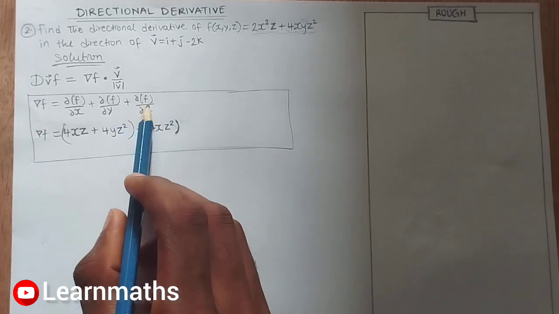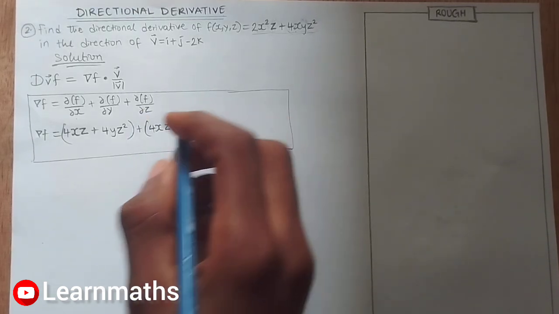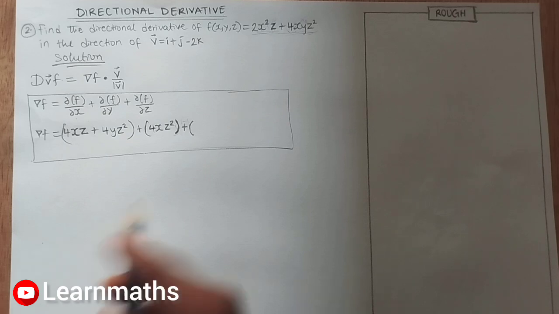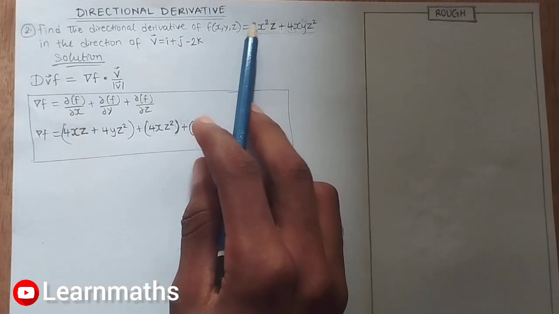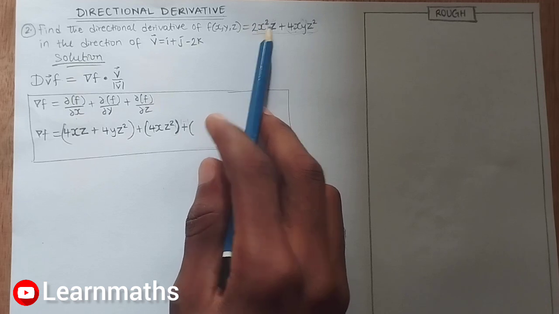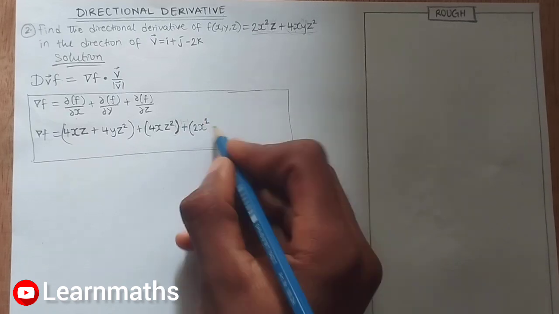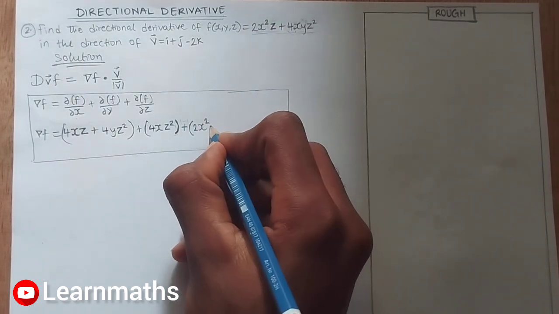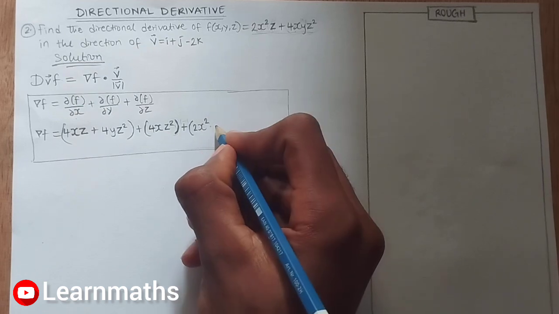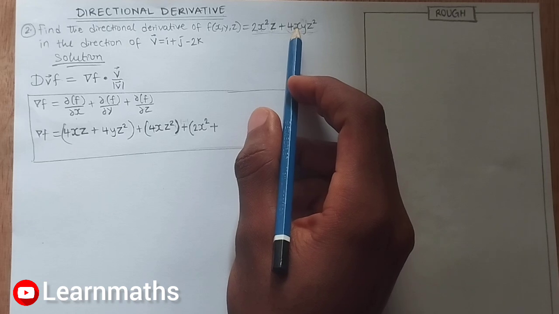Now let's look at the partial derivative of this function with respect to z. There is z here, so we're going to differentiate this with respect to z. It's going to be 2x squared. There will be no z because the power of z becomes 0 after differentiating. Now let's differentiate this next term with respect to z.